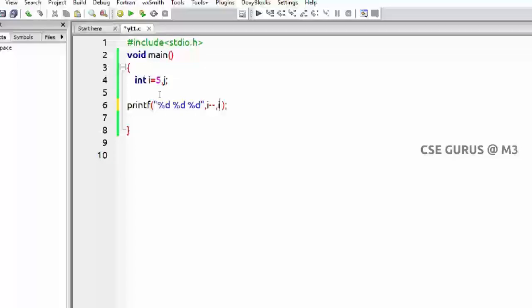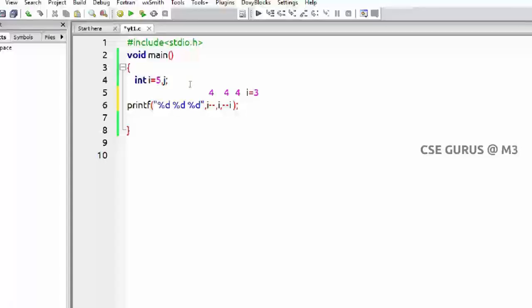Okay, one example of taking more than one decrement operator in a print statement. I'll take --i, then i, then i--. Here --i, the i value will be decremented to 4. Now the i value is 4. Here 4, here 4 anyway first, then it decrements the i value to 3. So now the i value is 3, right?